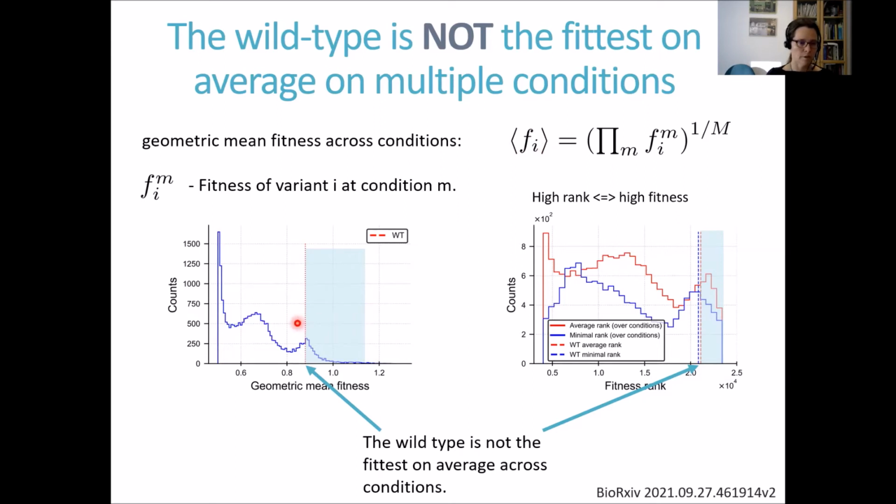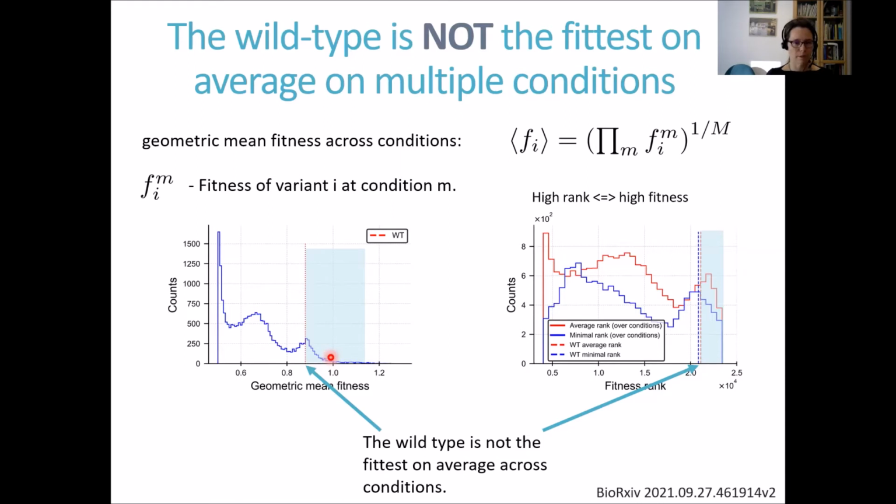So we calculated it, and here we have the distribution of the geometric mean, and the red here is the wild type. Now it's not 1 because we had to rescale the values relative to one of the 4 conditions. So still in geometric mean fitness, we have a proportion of genotypes that have a higher geometric mean fitness.